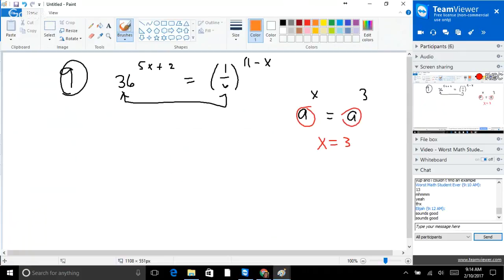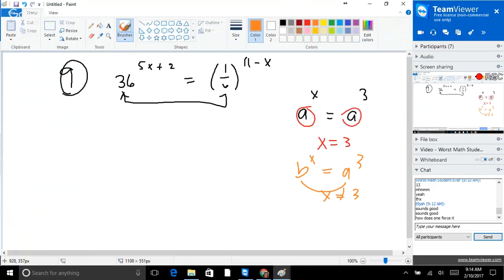If I have b to the x power equals a to the 3rd power, then I cannot automatically say x equals 3 because I have different bases. So if I can get the same base, then I can assume that my exponents equal each other.